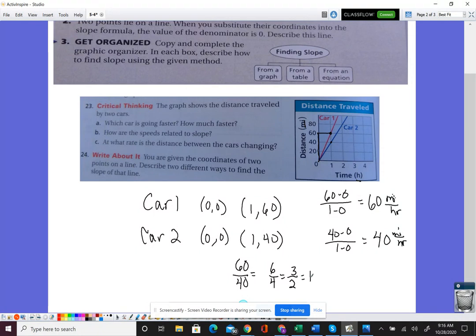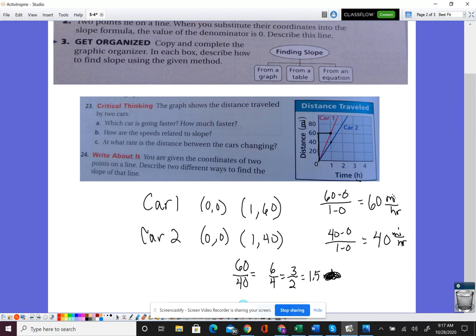If we do that, it's increasing at a rate of 1.5. I should say 1.5 times as much. So car 1 is 1.5 times the distance from car 2.